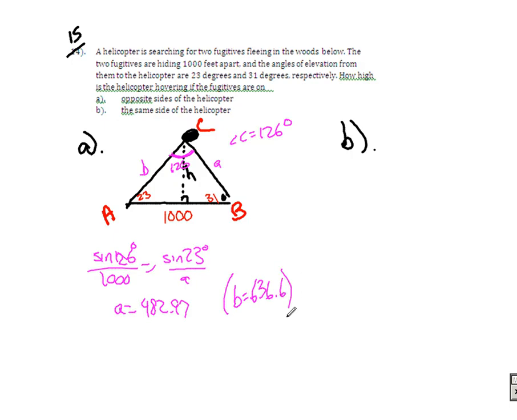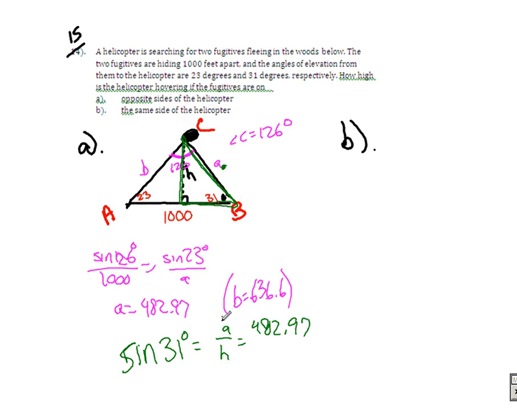Doesn't matter much. In the end, now I have a right triangle I can look at. I found side A. I'm looking now at this right triangle. I have an angle, I have this side A, and I need to find the height. This is another sine, kind of like we did in the first 14. Sine of 31 degrees is equal to A over H. A is 482.97.